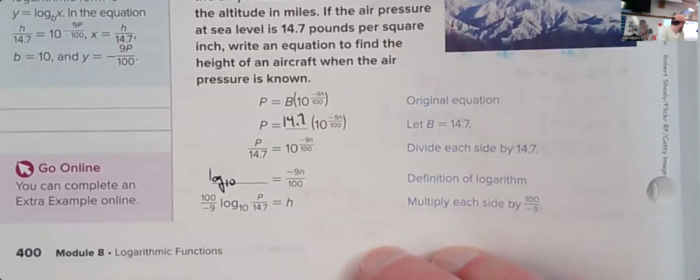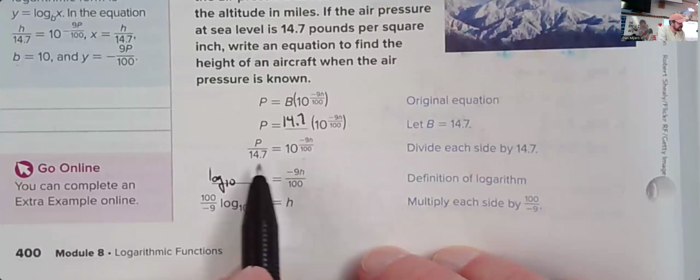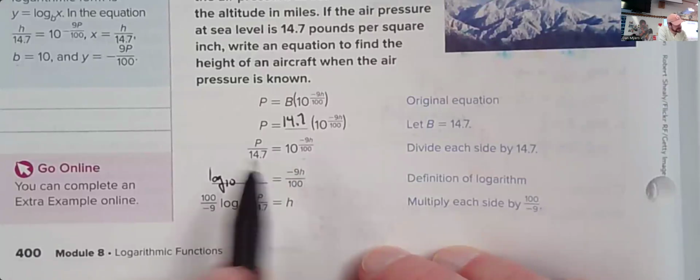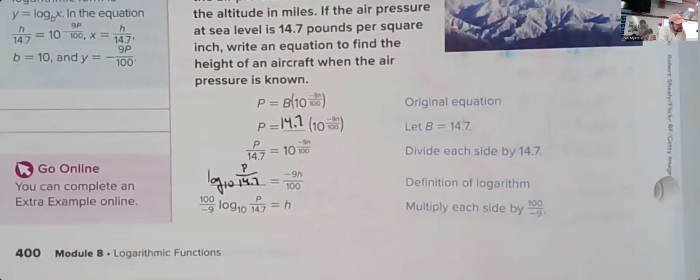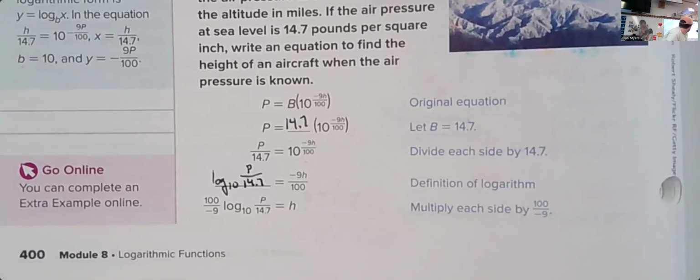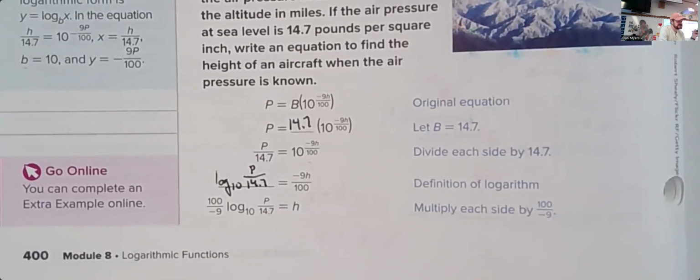And our argument here is what's on the opposite side from the power, which is P over 14.7. So that step right there should say log base 10 of P over 14.7 is equal to the exponent, which is negative 9h over 100.